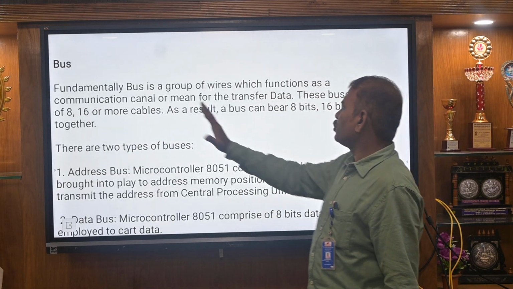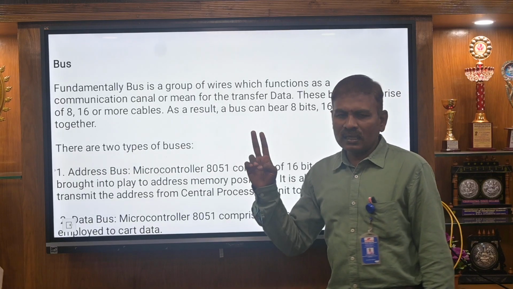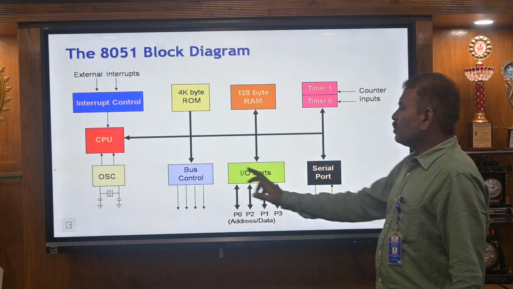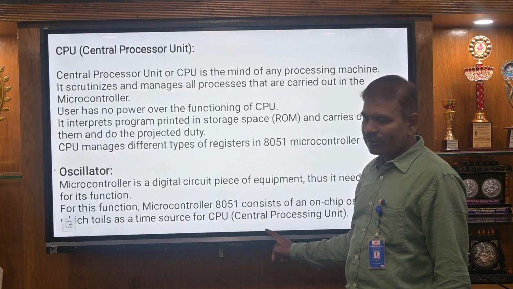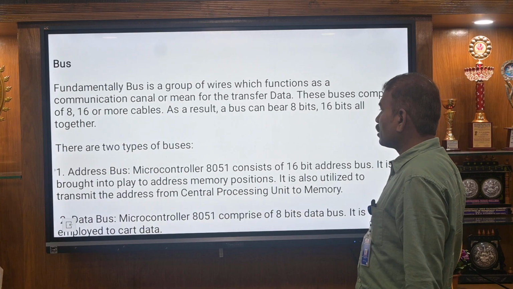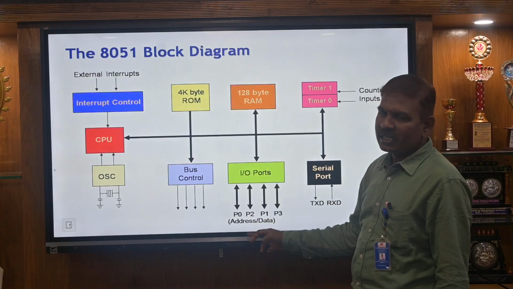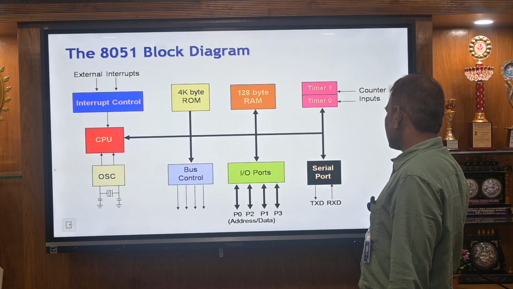As seen previously in the diagram, two buses are used: one is the address bus, another is the data bus. Through the address and data buses we send and receive the data.